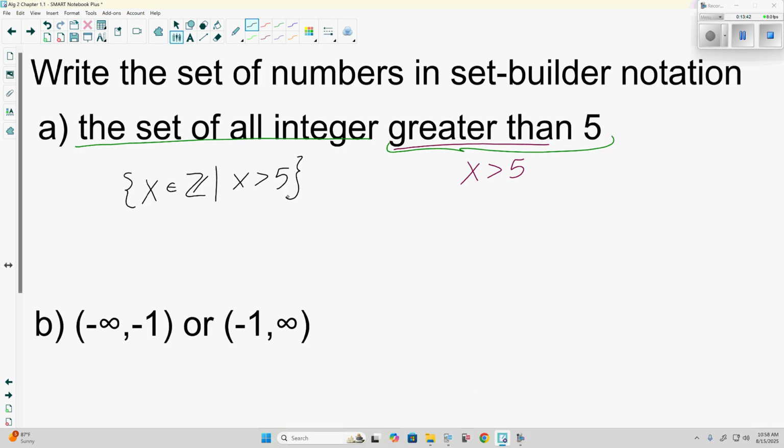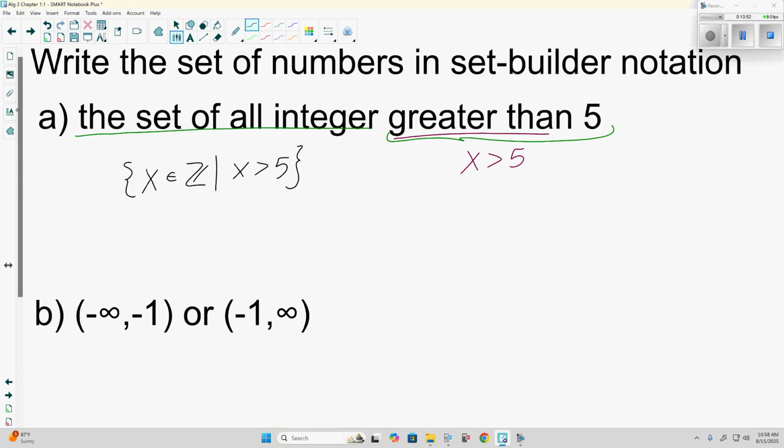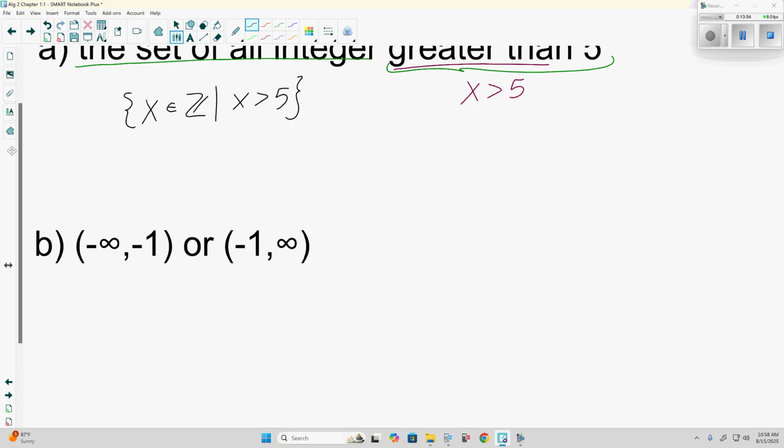Question on how we wrote this here. I like this way better. The set of all x in the integers such that x is greater than 5. The textbook does write it a little differently. And again, I won't count one of these correct and one of these not. The way that the textbook does this is they say the set of all real numbers x such that x is an integer.